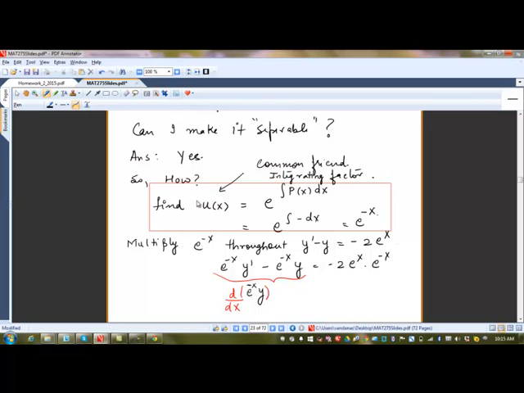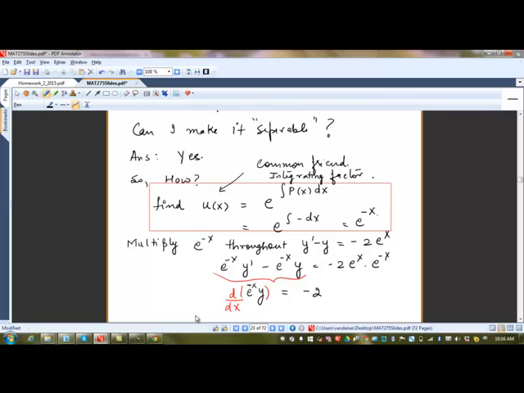That's what this common friend is doing. It merges the left hand side two terms. And the right hand side is e to the power x minus x, which is e to the power 0, which is 1. So it's negative 2.